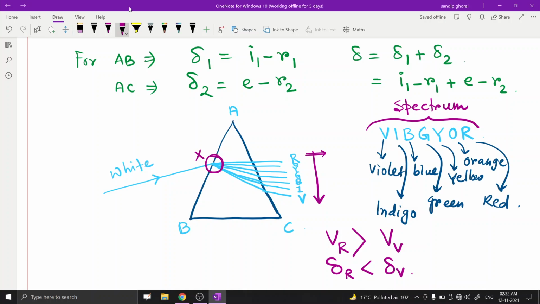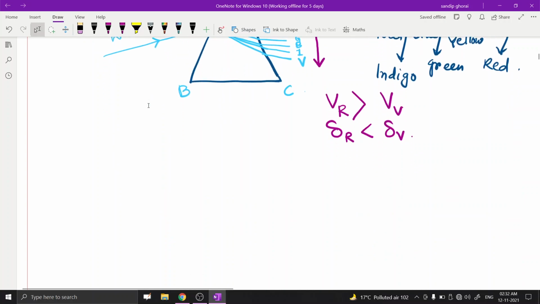Now we move to one application of dispersion, that is the rainbow. What is a rainbow? The most fascinating example of dispersion in nature is the rainbow. Generally it is visible in the sky after a spell of rain, and it is formed due to dispersion of sunlight.